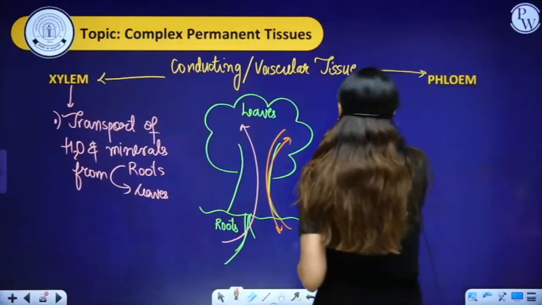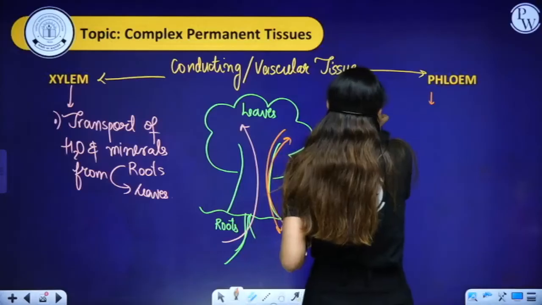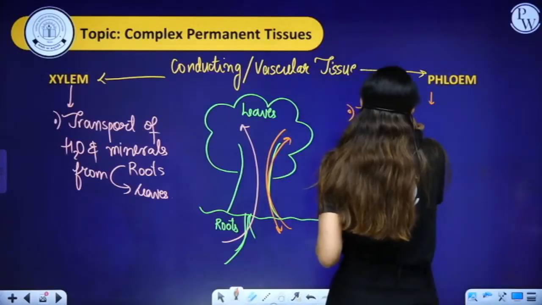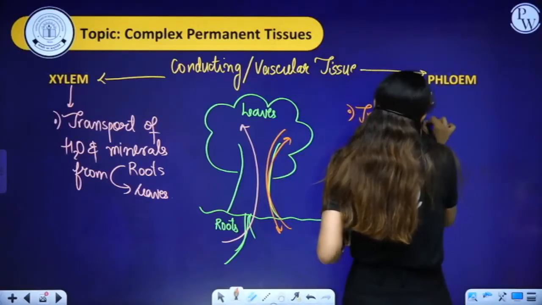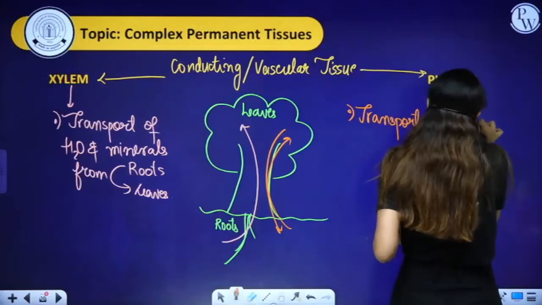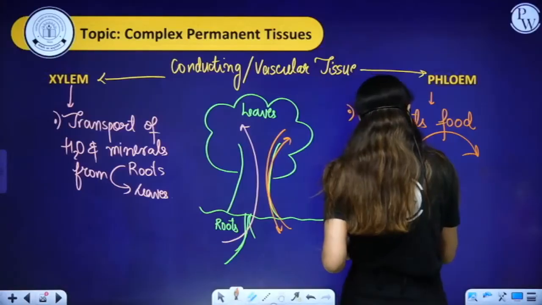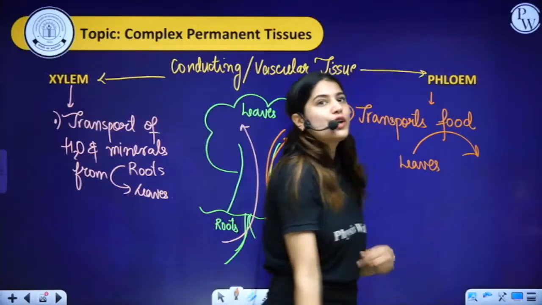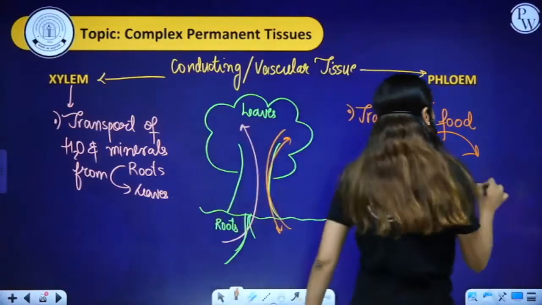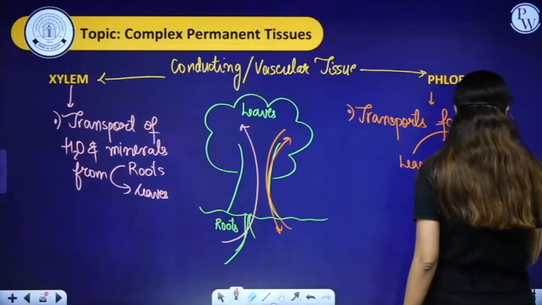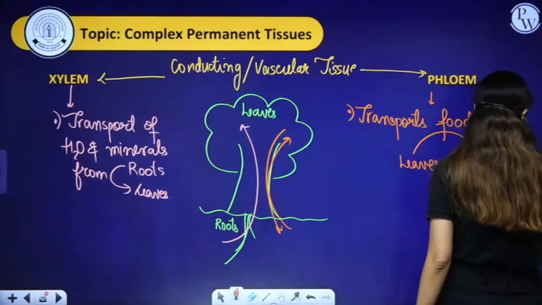So we can say that phloem transports food from where to where? From the leaves. Why am I writing leaves? Because leaves are the ones which make the food, to the roots and other parts of the plant.